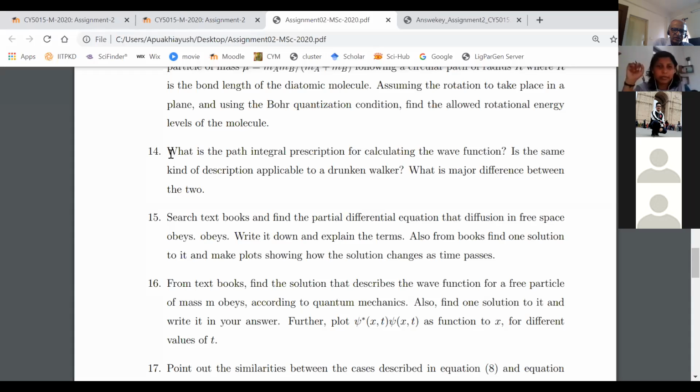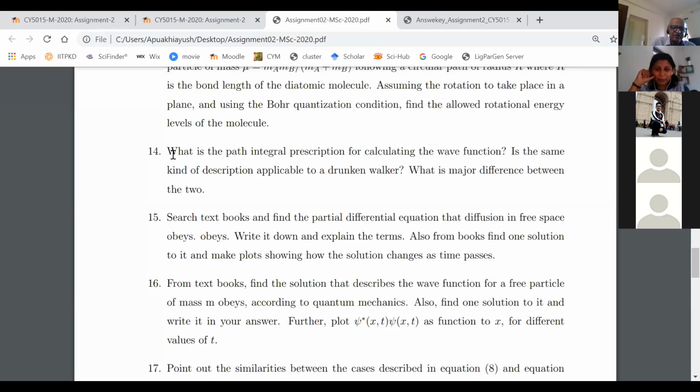Okay, the questions number 15 and 16. Actually, in principle, these are quite simple because what you are expected to do is look up some textbook, get the answer from that textbook. So this is an exercise which I have put so that you will get familiar with looking up expressions.